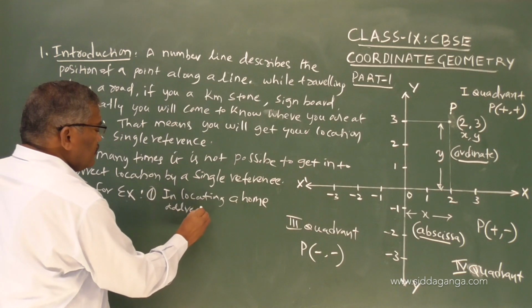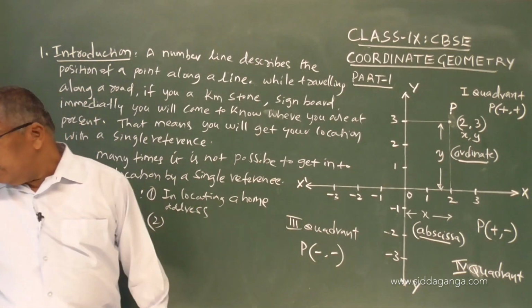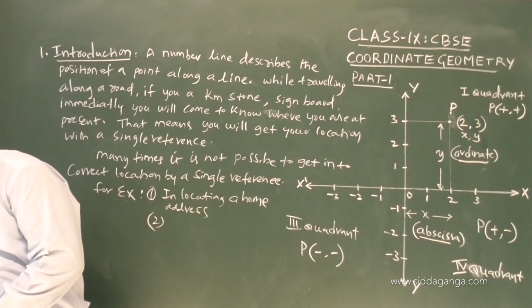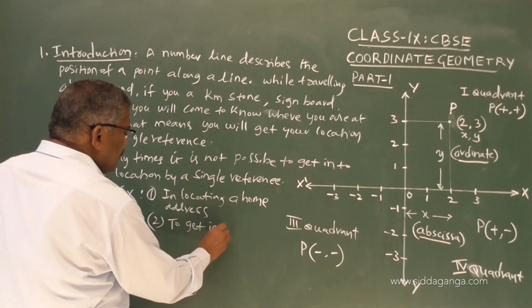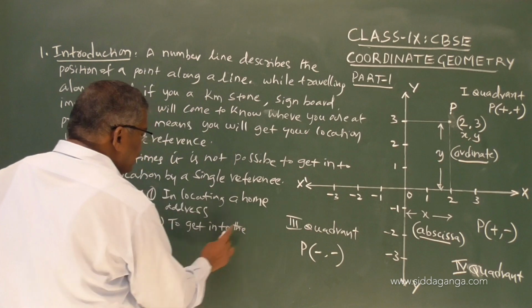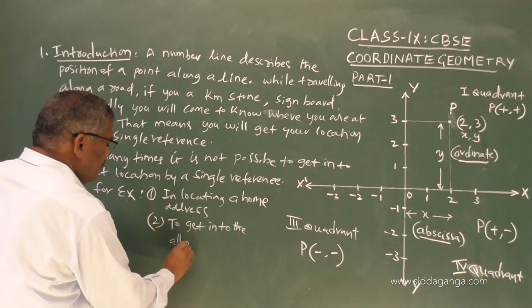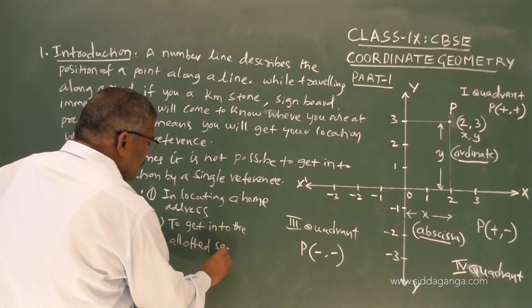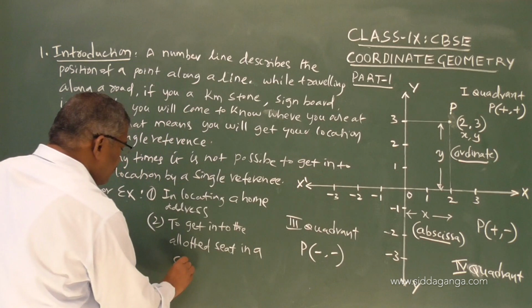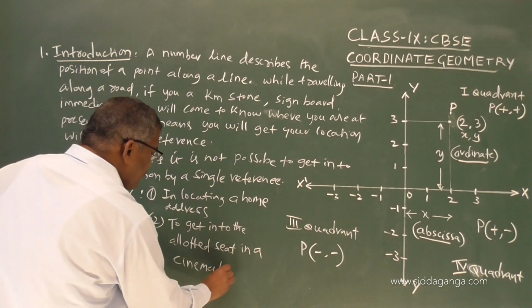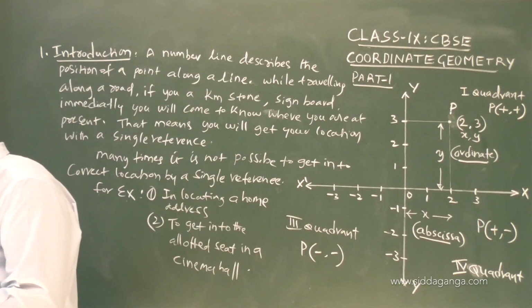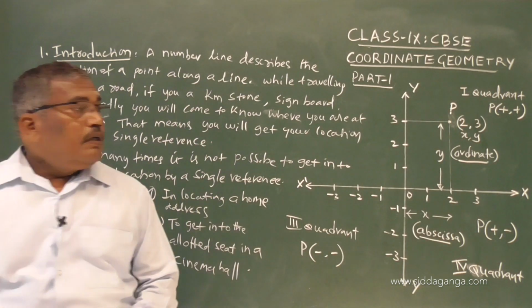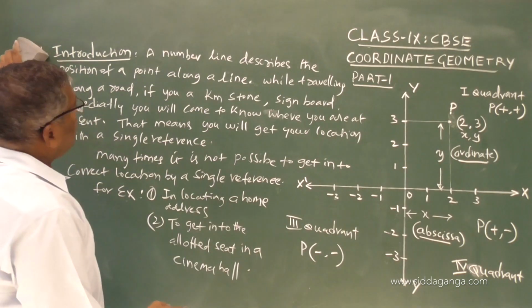I will give you one or two examples. Second, to get to the allotted seat in a cinema hall. Now I will erase this.